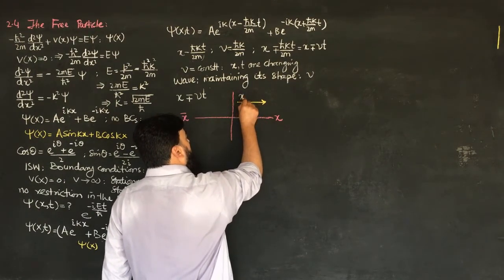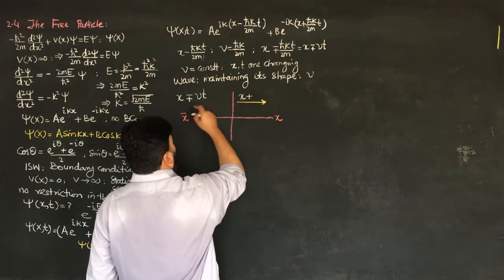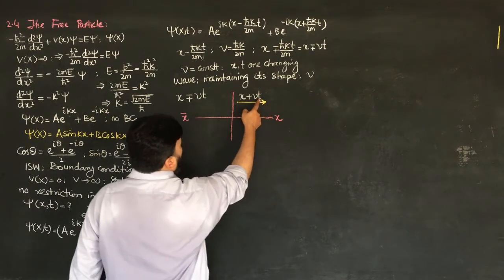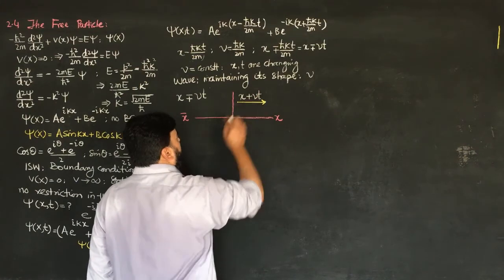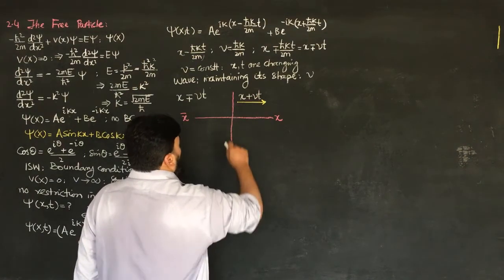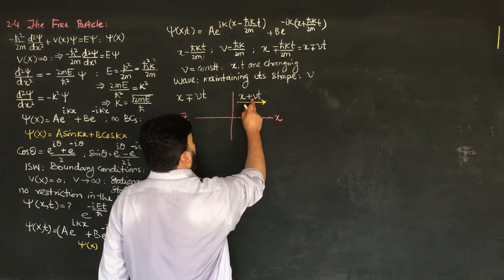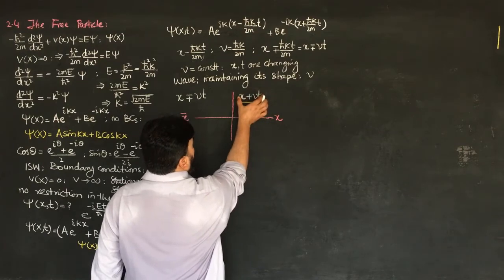Means this will be x plus vt. So as time goes on, our velocity is constant and time is increasing, so the wave is going in this direction. As a result, x is increasing, means this is now the total distance.